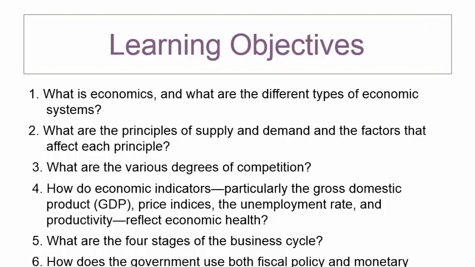Nothing numeric on those, but just more visual, to see what a supply and demand curve is all about. We're also going to understand something about economic indicators, including gross domestic product, which is pretty much internationally recognized as a key economic indicator, as is the unemployment rate. So we'll talk about some of that.